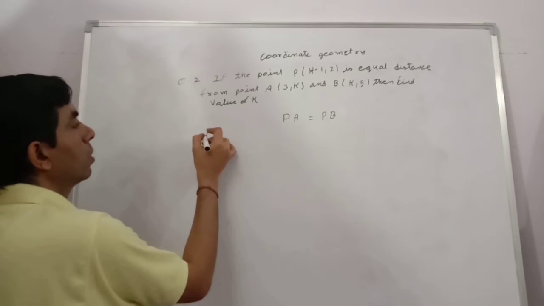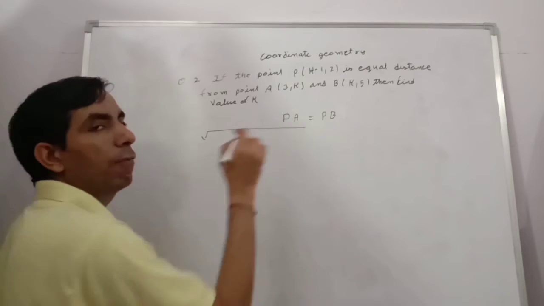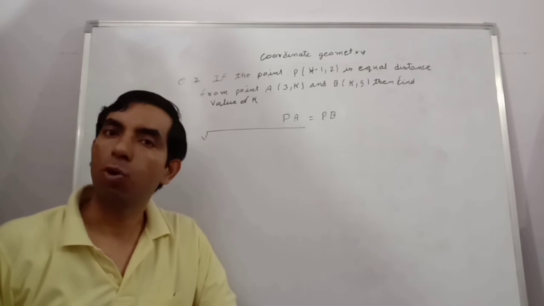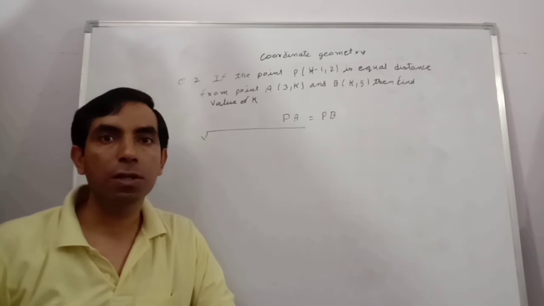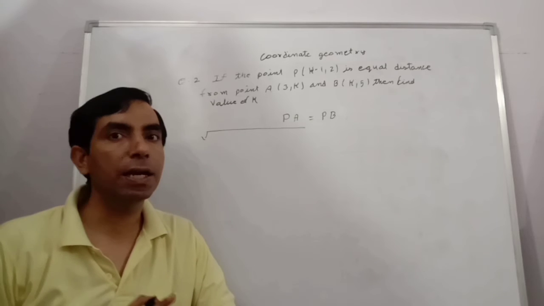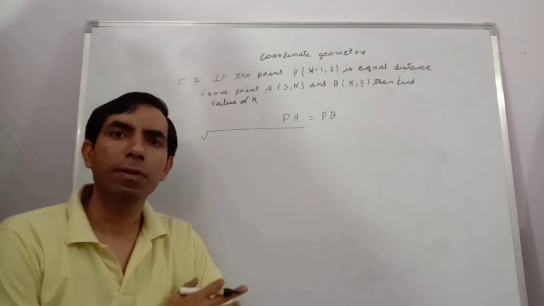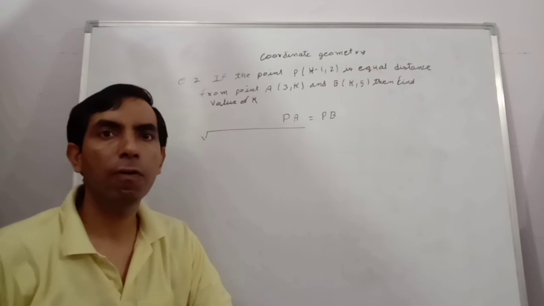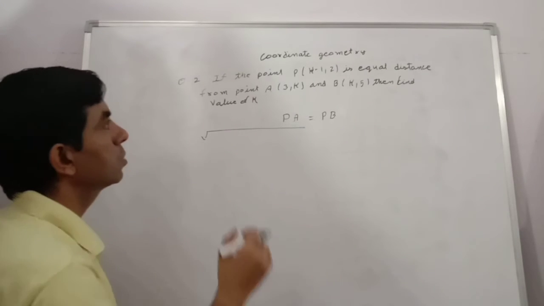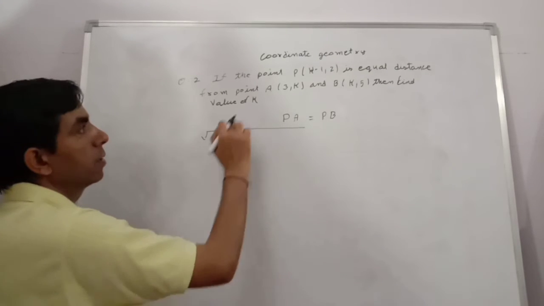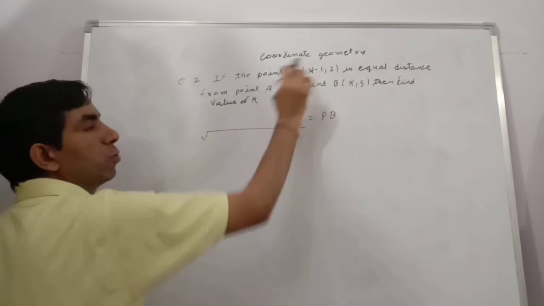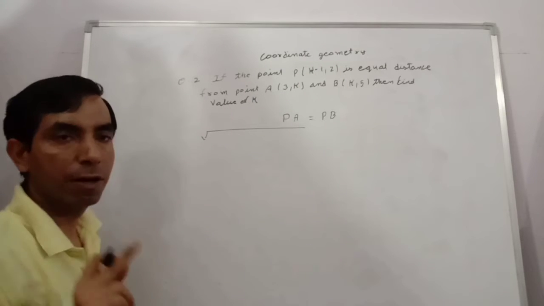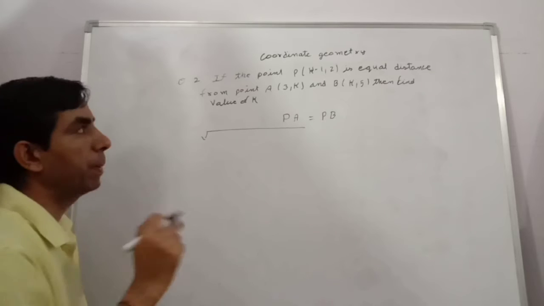The formula is the root of (x2 minus x1) whole square plus (y2 minus y1) whole square. In an examination, you should write the formula in each question, but here we have already learned it, and it takes a lot of time, so in this question I don't write the distance formula. Here we take x2, y2 as the coordinate of P, and the coordinate of A as x1, y1, for PA only.